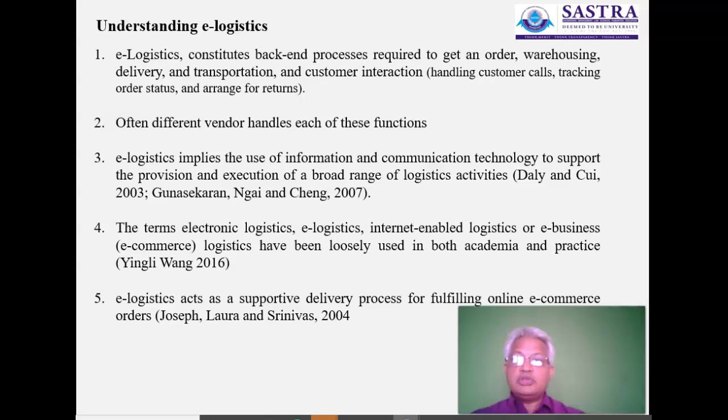Both these customers place orders through a front-end screen, which we call as a web screen or a website. But once he places the order, whether it's a company or an individual, what happens behind that click is all constituting e-logistics.